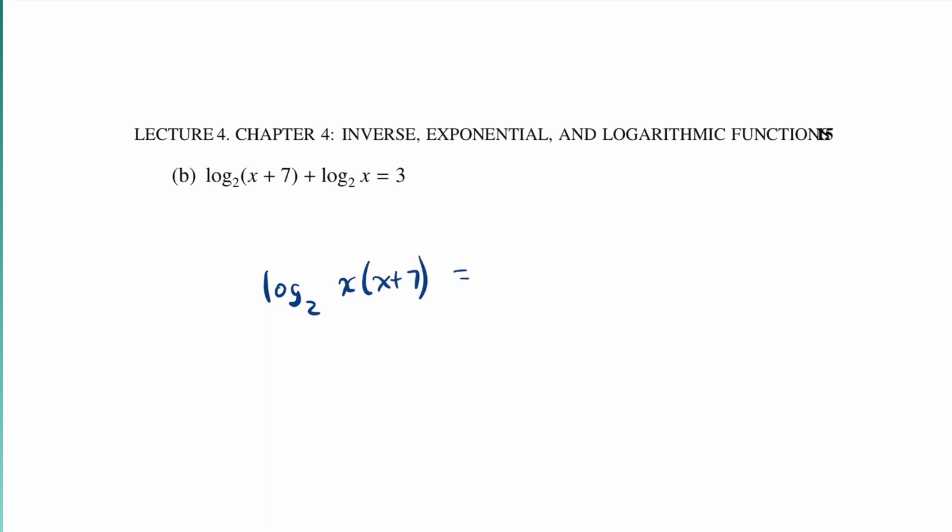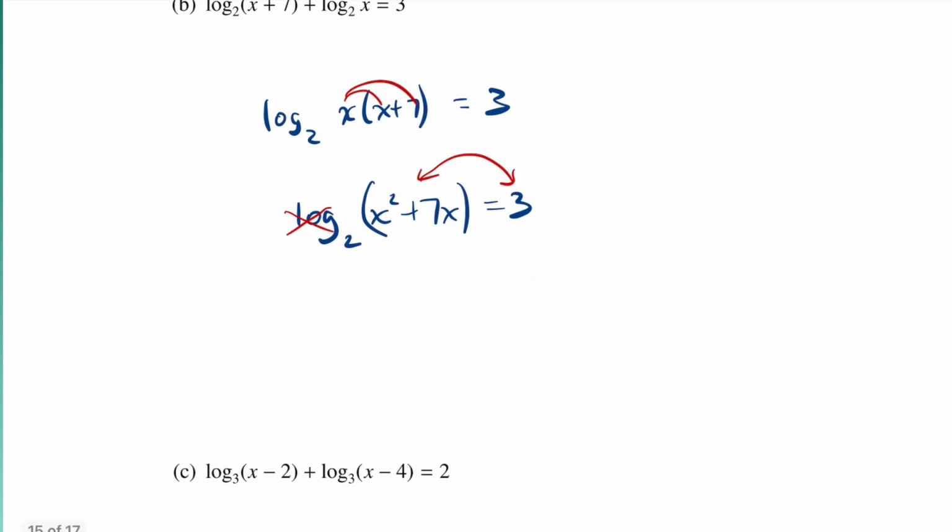So I'm multiplying the two arguments together, which means I should distribute. All right, if we rewrite this in exponential form using the definition, we're going to get base 2 to the third power is equal to x squared plus 7x.